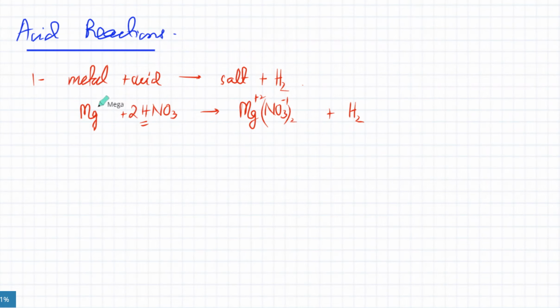So remember, every time, how is the salt produced when you have a metal plus acid reaction? The metal goes and displaces the H. Whatever reaction, Na plus HCl, what will happen? The metal would go and displace the H. So it's kind of a displacement reaction where hydrogen is getting displaced.